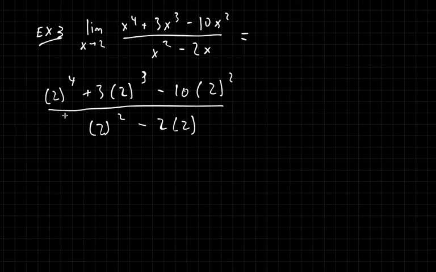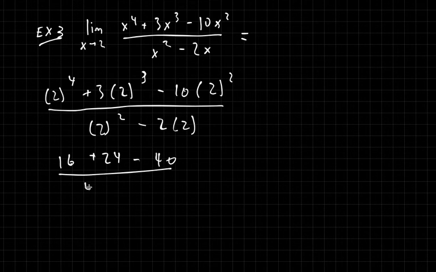2 times 2 times 2 times 2 is 16. Plus 3 times 2 cubed is just 8. 3 times 8 is 24. 2 times 2 is 4. So 4 times 10 is 40. 2 squared is 4. And 2 times 2 is 4.